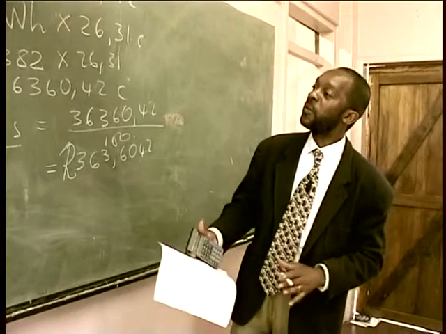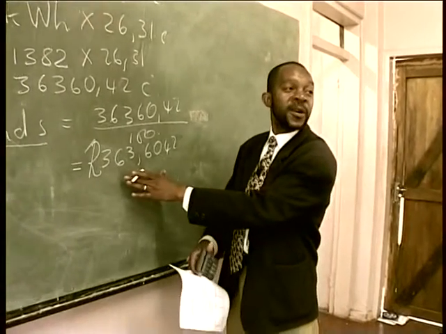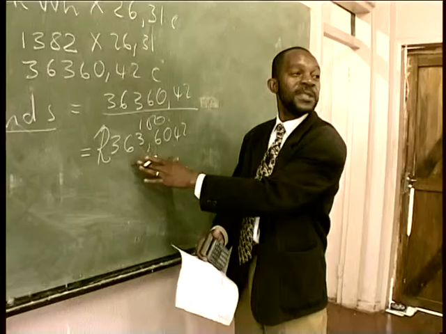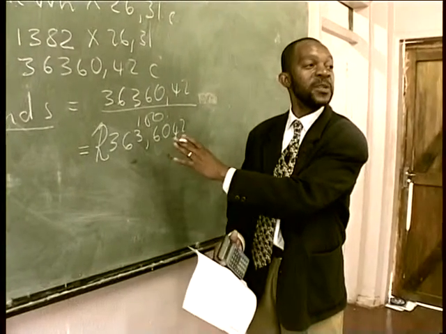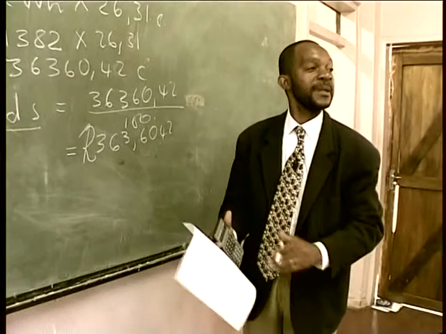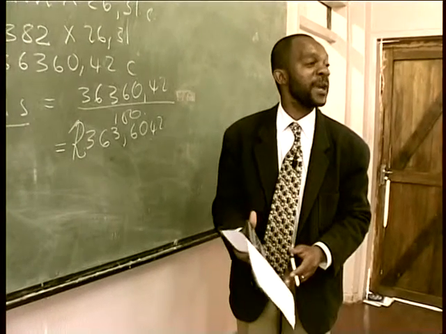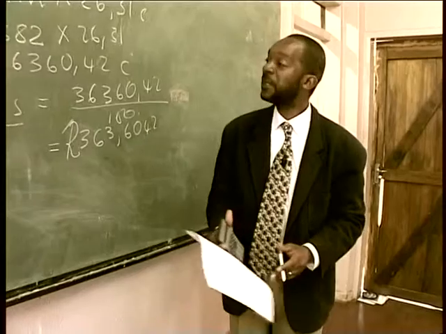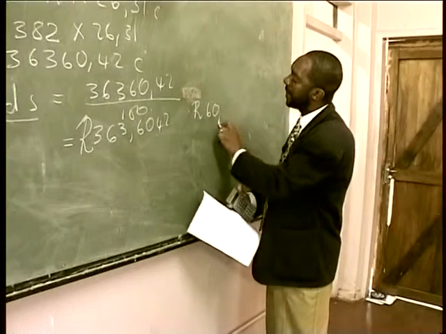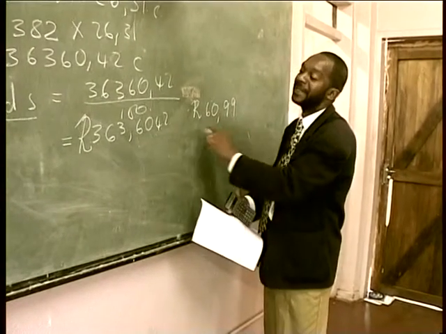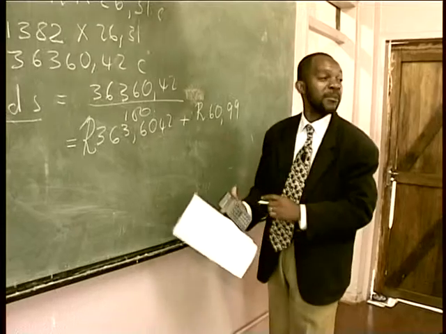Now, this is the cost only for the consumption, not for the month of May, because we still have to remember the fixed cost which we pay every month, which is how much? 60 rand 99 cents. So we have to add the 60 rand 99 cents to this amount.